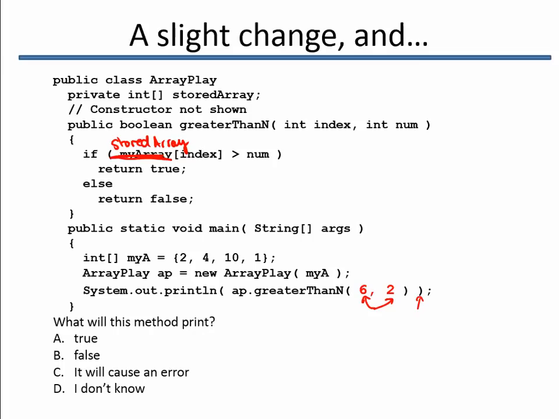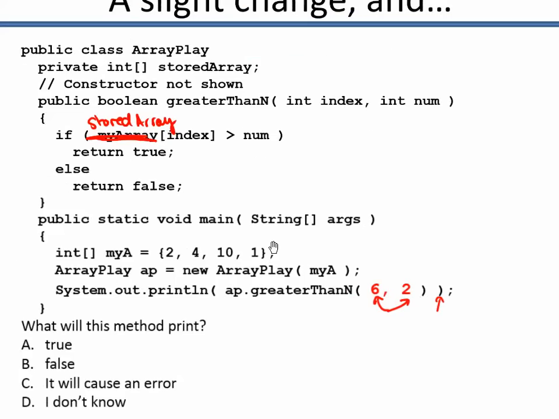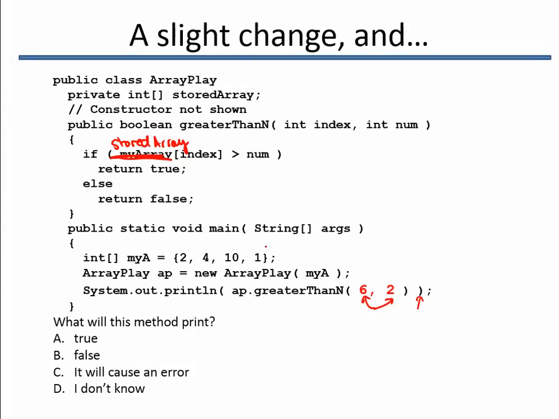All right, well this time let's look closer at what happened. Again, stored array is going to store an array of these values here, 2, 4, 10, 1, and they're going to be in index position 0, 1, 2, 3. But this time, index is going to get the value 6, and num is going to get the value 2, because the arguments are in the opposite order.